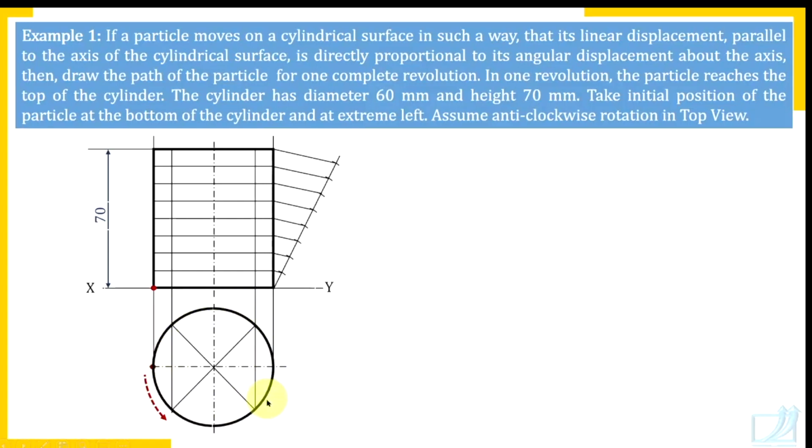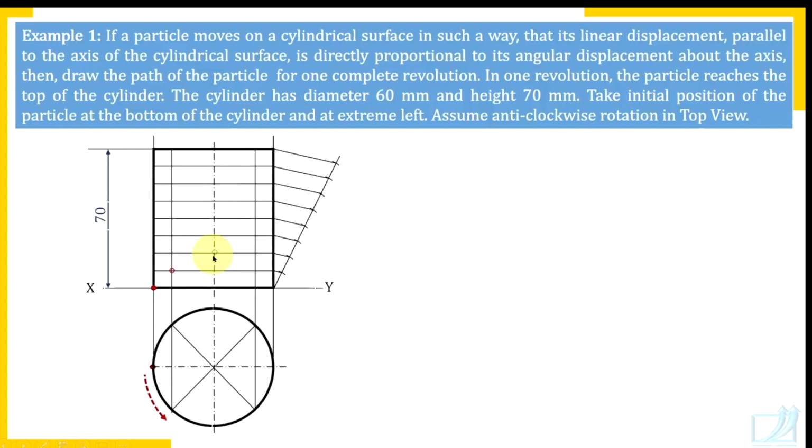So let's check how to mark the intermediate points. Now when the particle starts moving in anti-clockwise direction, listen here. Next position, that is after 45 degrees of rotation, is on the next vertical line and next horizontal line, that is this point. Then just mechanically move to the next vertical line, that is this line, and next horizontal line.